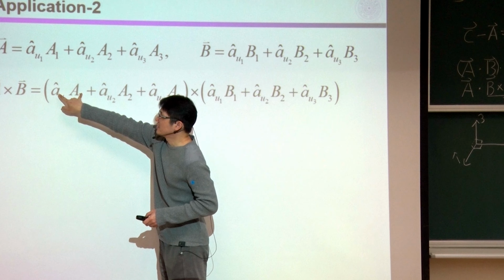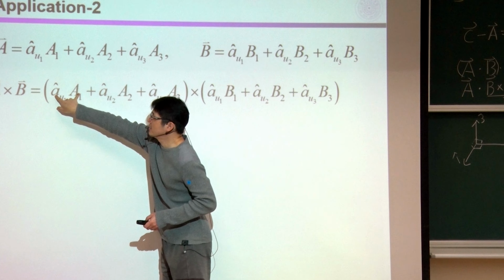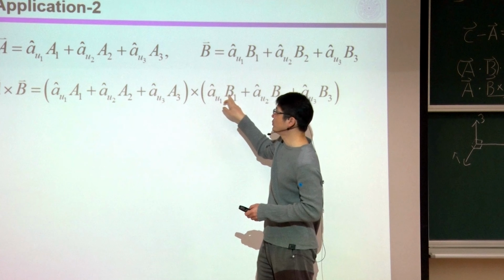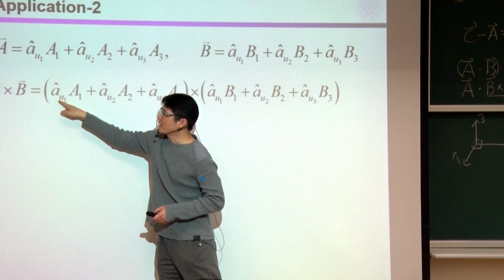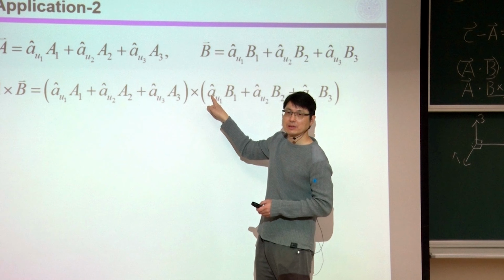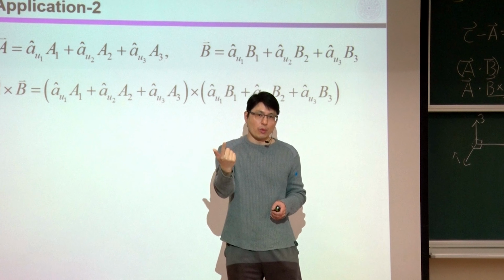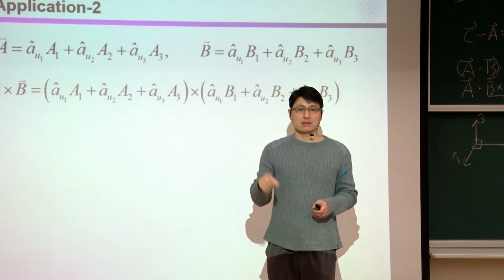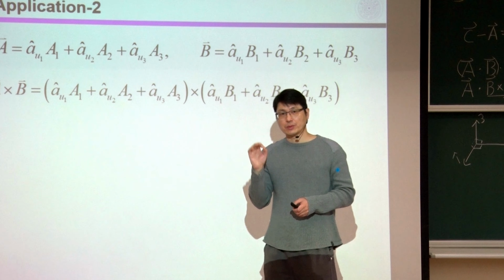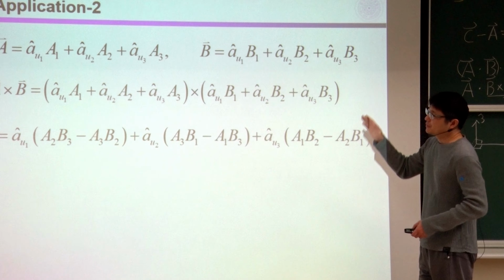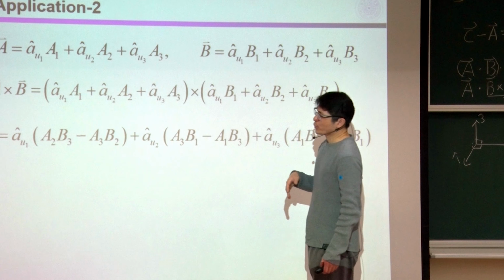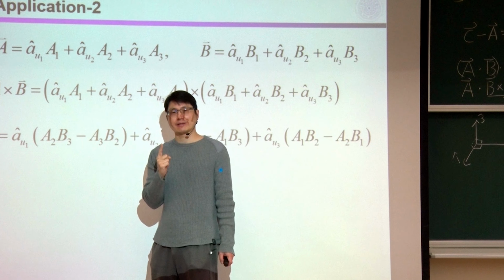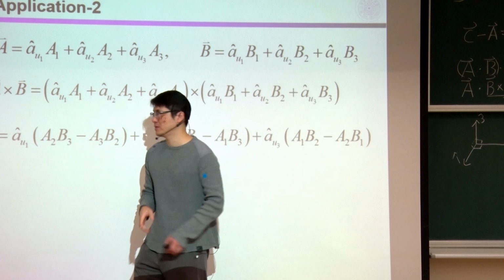For example, let's take a look at the first term, this one cross this one, A1 cross B1. Because the unit vectors are the same, unit vector 1 making a cross product with itself must be 0. Okay? So when you try to calculate the cross product, remember it is asking you to calculate the resulting surface.